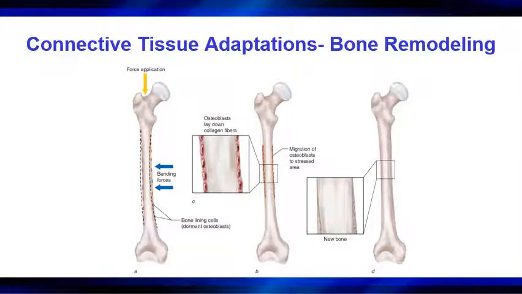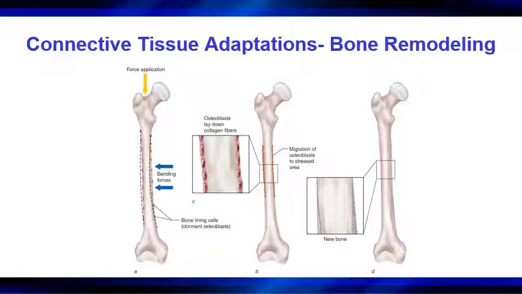Okay, so this is why one of the best things you could do as far as bone density is weight-bearing exercise, particularly strength training, because the forces that occur with strength training movements will actually increase your bone density.